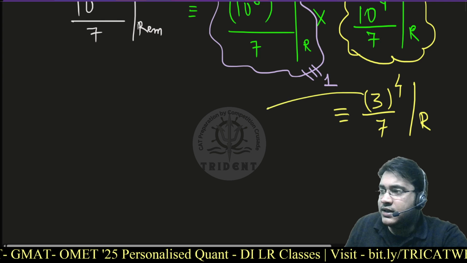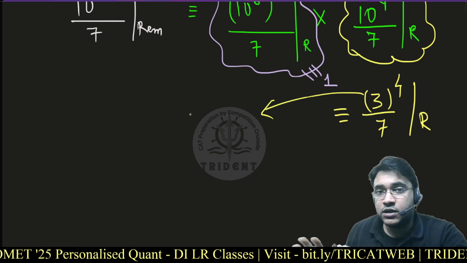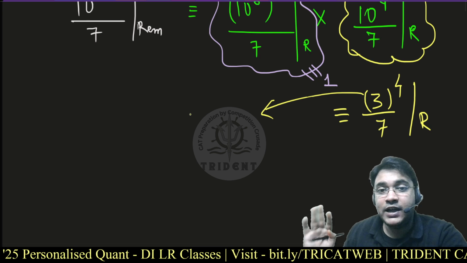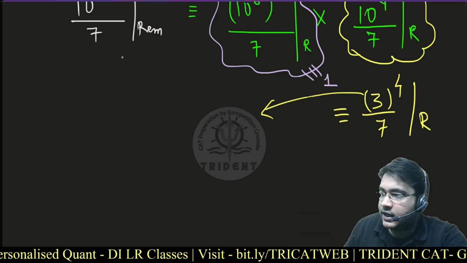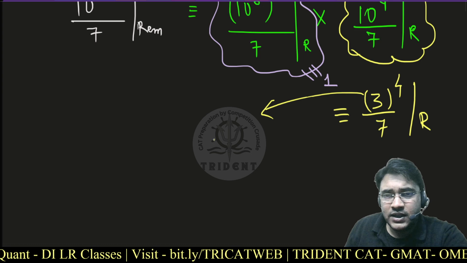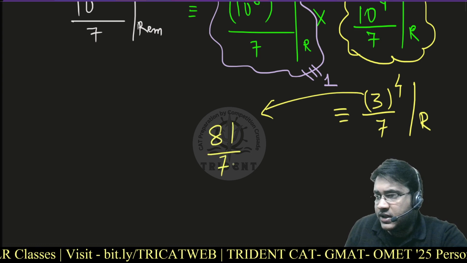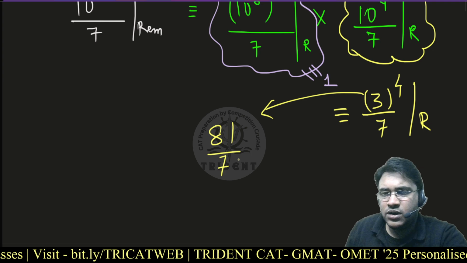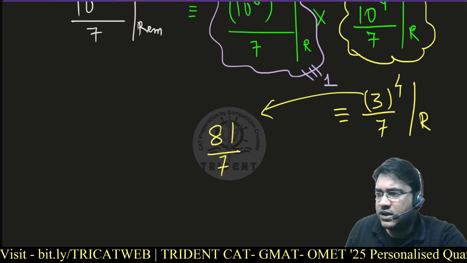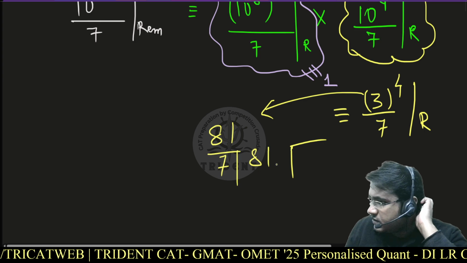Now at this point you need to be careful. Please understand, we are calculating the remainder. We are not actually calculating the value of anything. Remainder is getting calculated. So 3 to the 4, you know what that is. 9 nines are 81. So 81 by 7. Now this division is not difficult. You can do it orally also. I'm doing it just for the sake of this video.